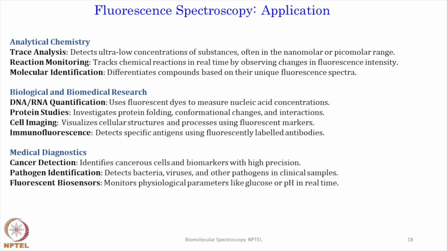Diagnostic, cancer detection. Just for an example, when a doctor removes a tumor, how does he know where the tumor is? If we label glucose, what will happen? If we send some fluorescent dye there, you can see that it will selectively illuminate.